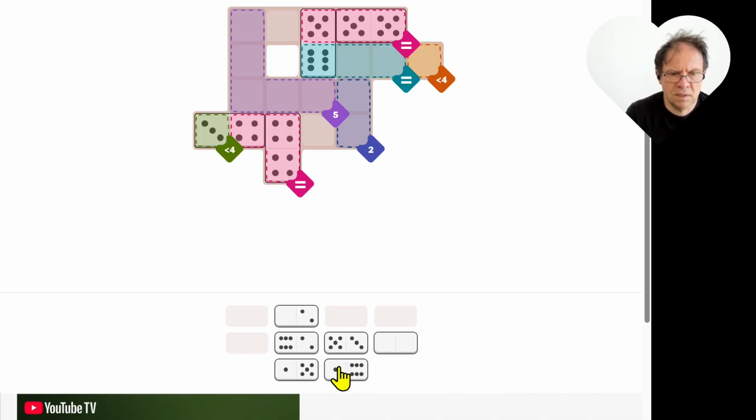Oh, 6-6. Another analysis is we have to use up the 5 somewhere. There has to be a 5 here and a 5 here because we can't put them in here. So I have to burn my 5s somehow. My 5-3 can't go there. So I think my 5-3 has to go here, which severely limits my choices.